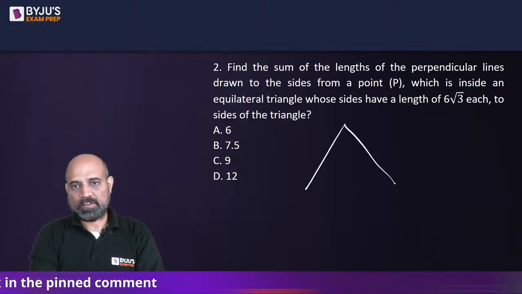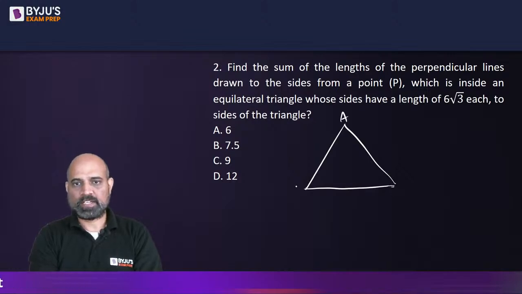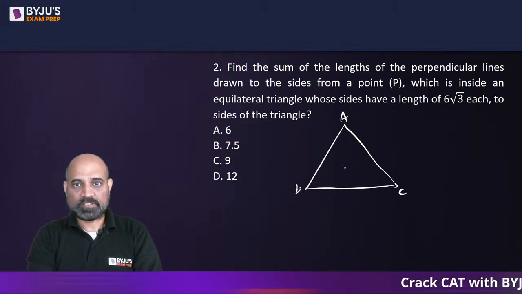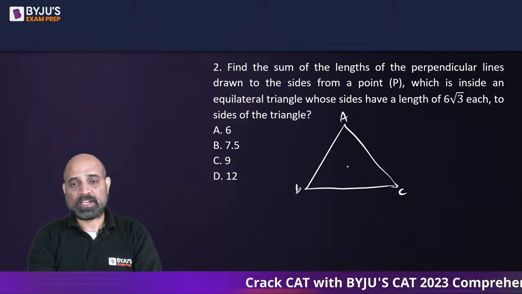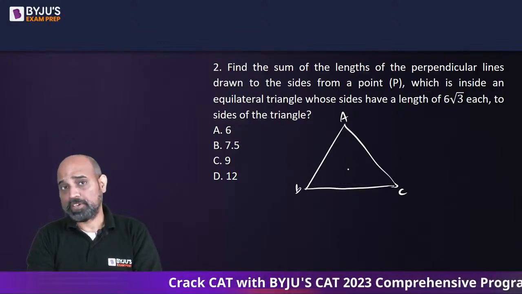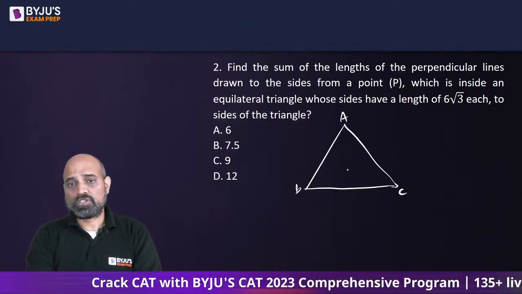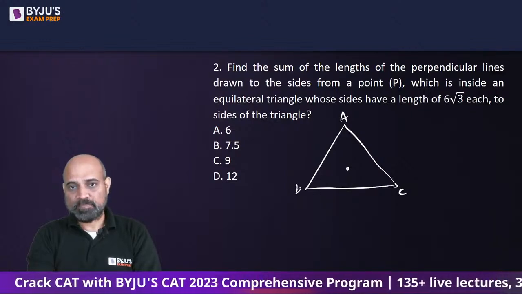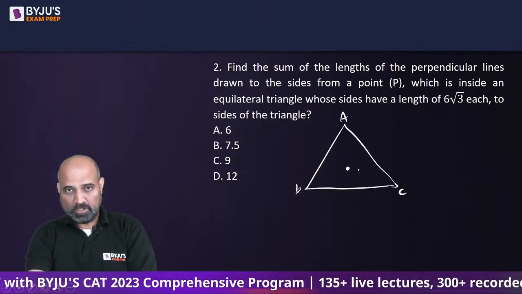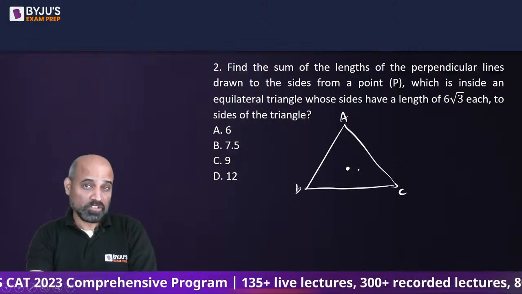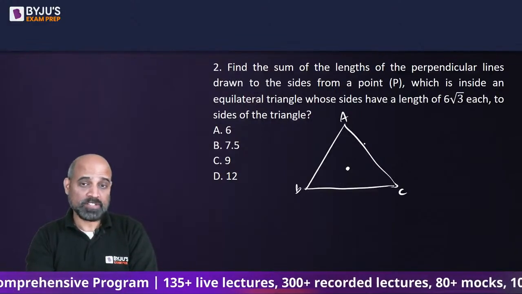Okay, fine. We have an equilateral triangle. Let's say the equilateral triangle is ABC, and it is given that there is a point which is inside the equilateral triangle. Now, this point can be any point, right? So, to make it easier, let's say the point is the orthocenter or the circumcenter or the centroid or the incenter, which is the same for an equilateral triangle.